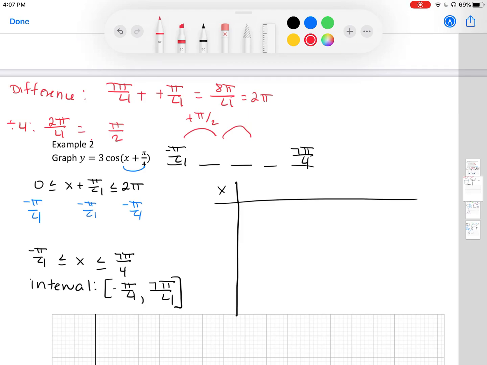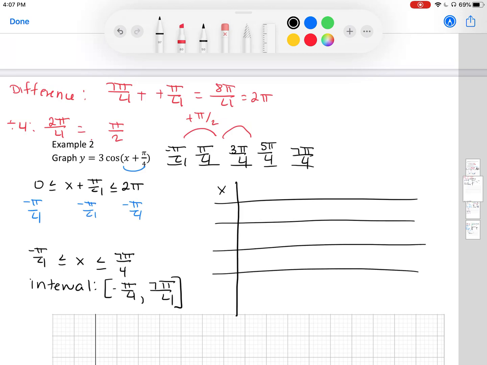Okay, so negative pi over 4 plus pi over 2 gives us pi over 4. Pi over 4 plus pi over 2, 3 pi over 4. And then 3 pi over 4 plus pi over 2 is 5 pi over 4. Okay, and those are our points we're going to map out.